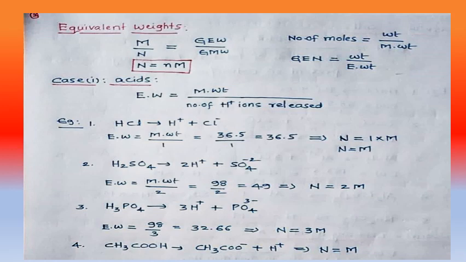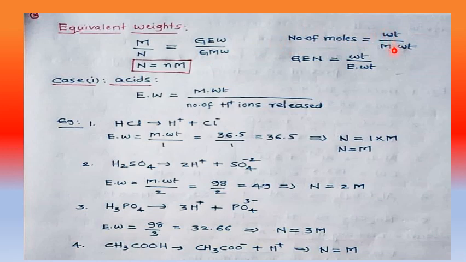Actually, equivalent weight is different for different cases. So, first relations: M by N, molarity by normality, equals gram equivalent weight by gram molecular weight. Number of moles equals weight by molecular weight.